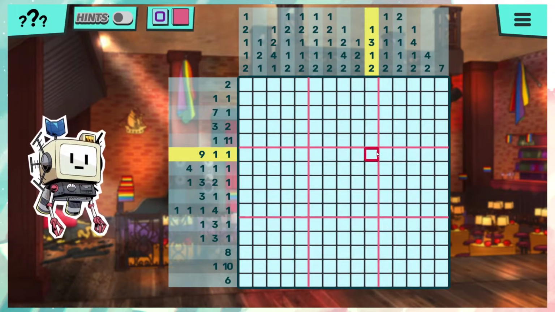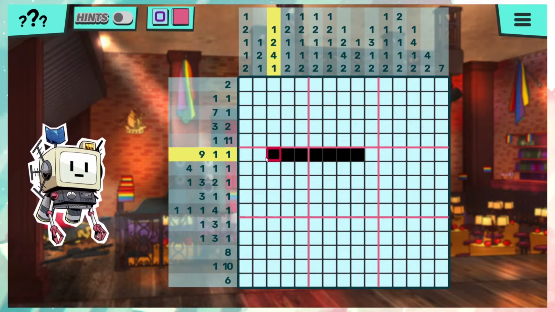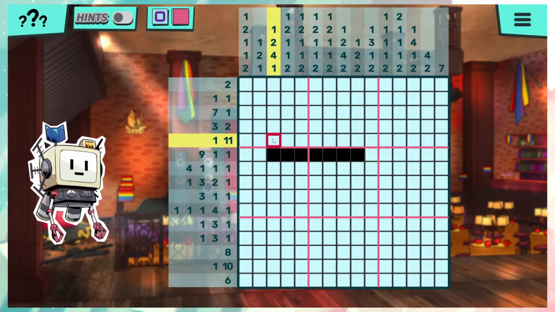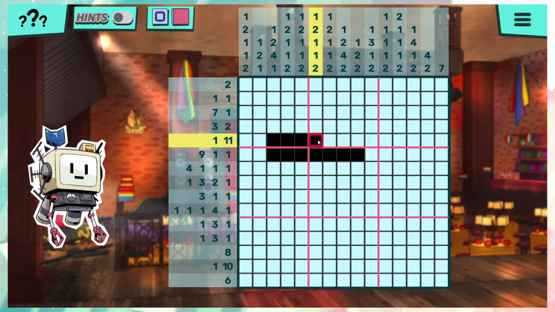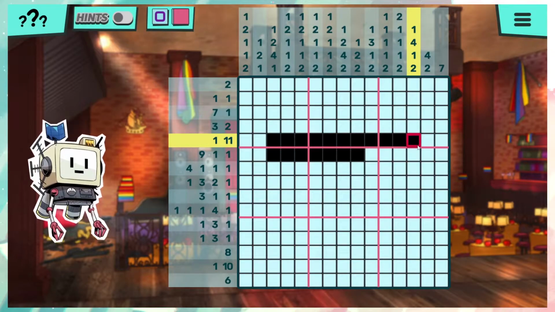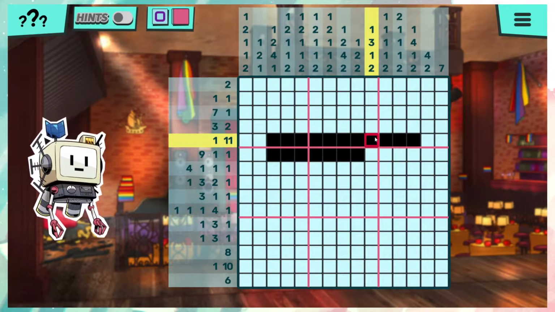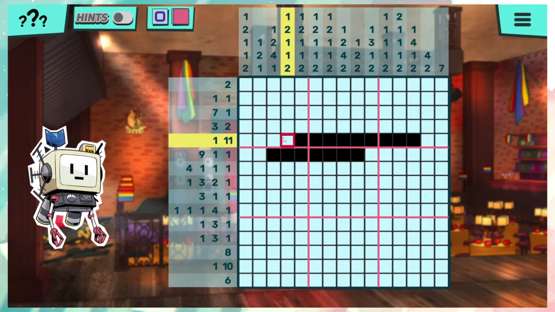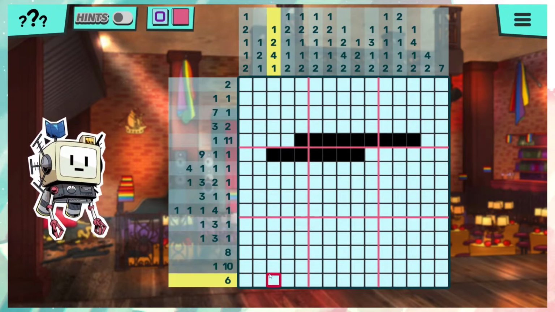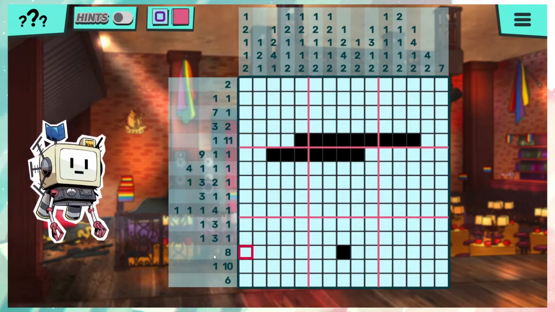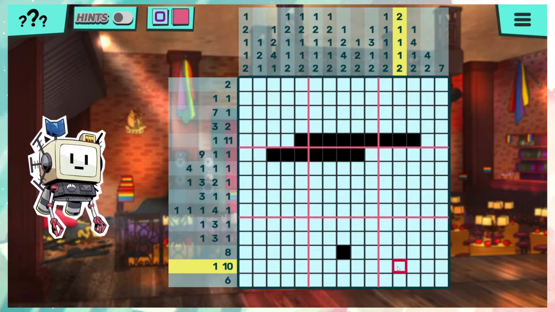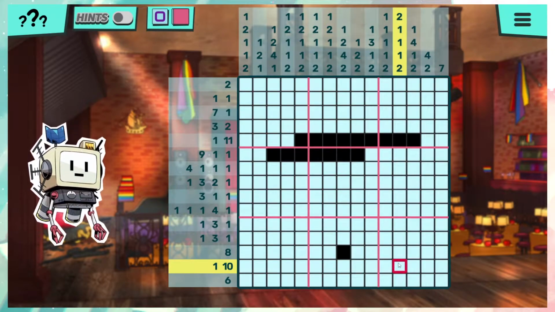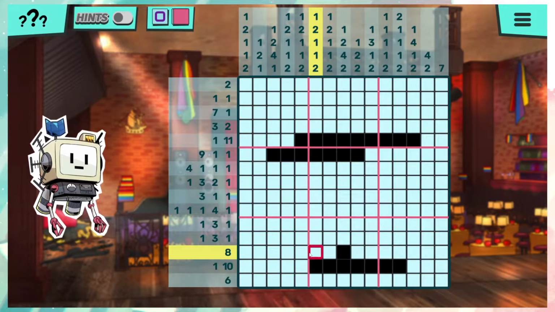Okay, counting through the numbers, going up to 9, then 11, then 10. Okay, great. What other huge numbers? Ooh, got some shaky hands over here.